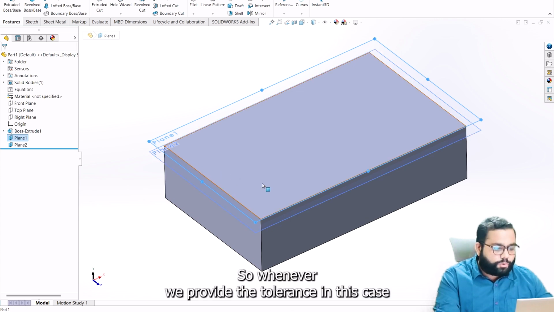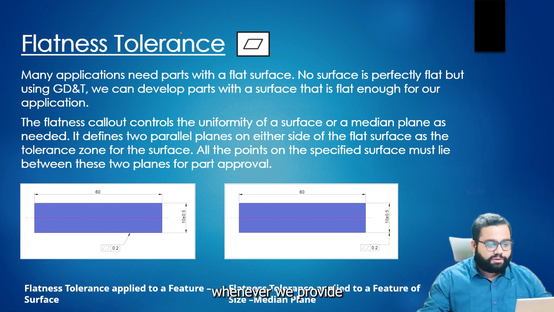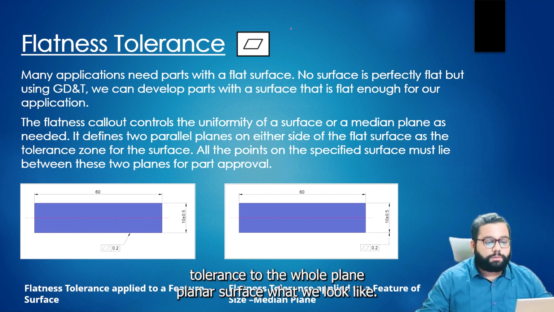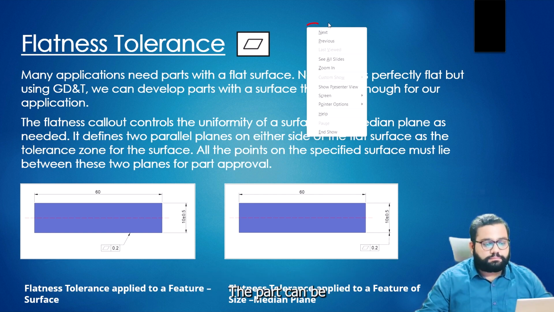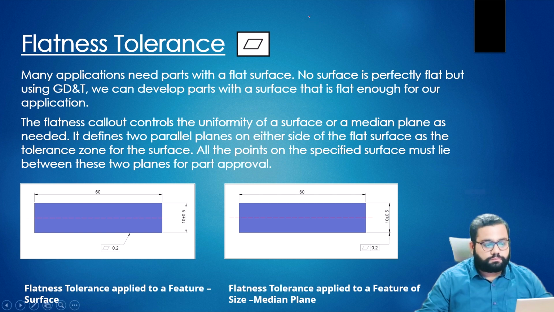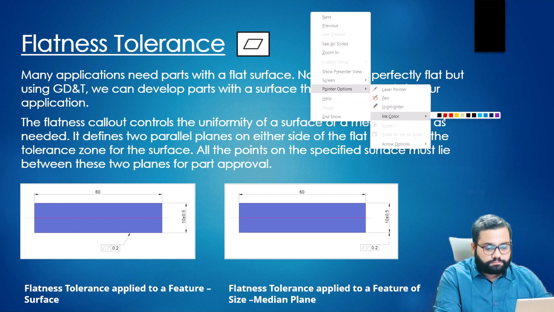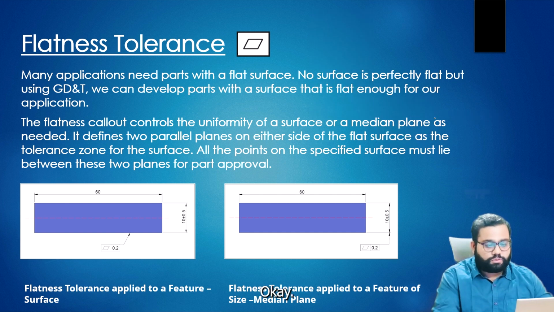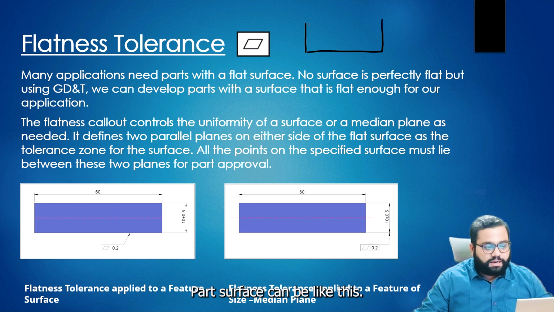So whenever we provide tolerance to the whole planar surface, what does the part look like? The part surface can be like this.